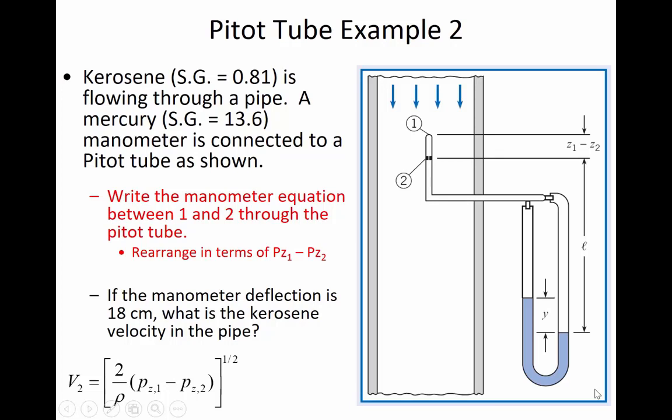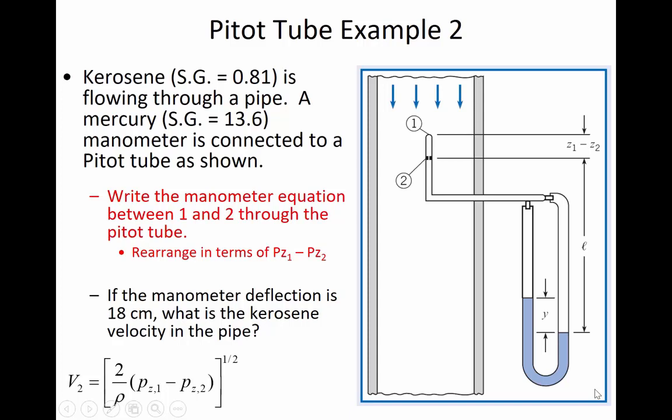And remember, what we mean by P sub Z is pressure plus gamma Z. So P sub Z1 means P1 plus gamma Z1, and P sub Z2 is P2 plus gamma Z2. So in the manometer equation, finish writing it in, then do the algebra three-card Monty, switching things all over the place until you've got on the left-hand side the change in piezometric pressure, and on the right-hand side everything else.